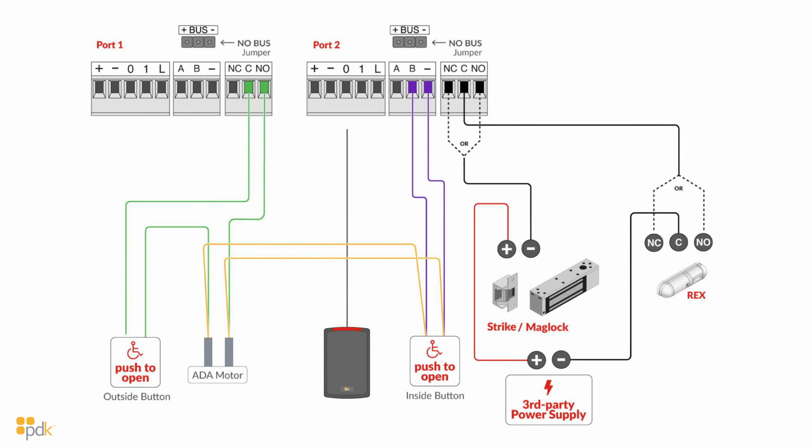The only other thing we need to do at that point is take the negative of the mag lock and tie it up into the relay as well to complete the circuit. So in the case of the mag lock, we would tie that negative up into the normally closed of the relay. I know it sounds like a lot, but that's what this diagram is here for.